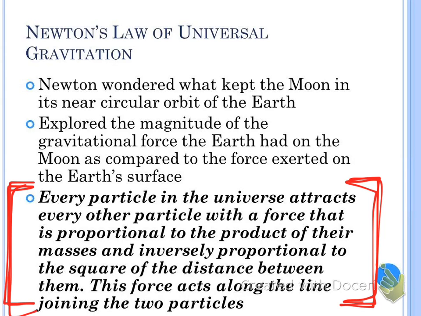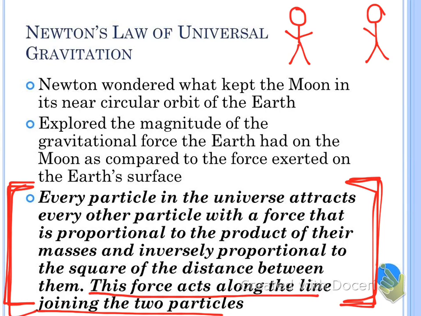Something that I want to point out here is that this last line says this force acts along the line joining the two particles. So what we're talking about here is every single particle in the universe and every single object in the universe has a gravitational force between them. So gravity is essentially attracting every single object on the earth.